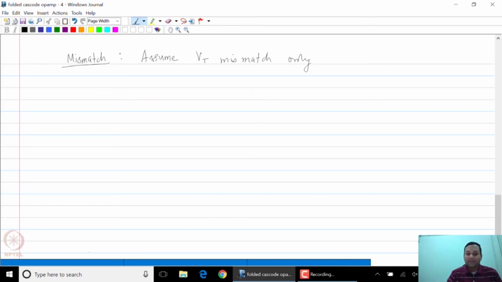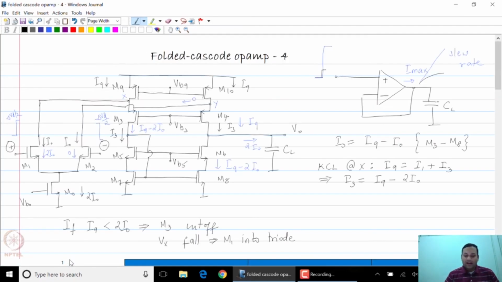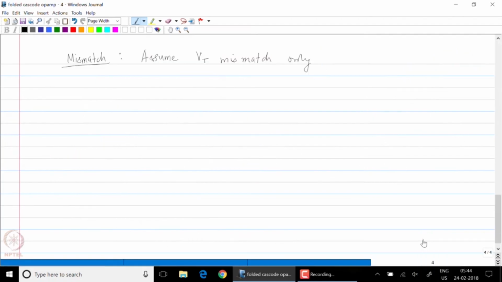So as you might expect, the mismatch of transistors M1 and M2 would appear directly at the input of the folded cascode op-amp. So the expression for the input referred offset sigma squared OS in is going to consist of several different expressions.